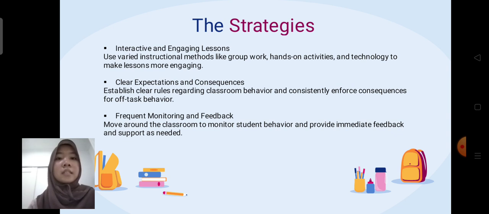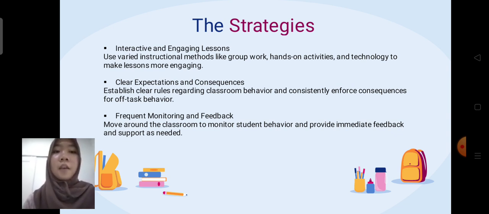The strategies. Okay, interactive and engaging lessons. Use varied instructional methods like group work, hands-on activities, and technology to make lessons more engaging. Engaging lessons can capture students' interest and reduce the likelihood of off-task behavior.